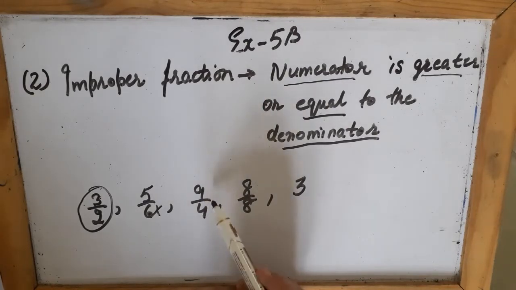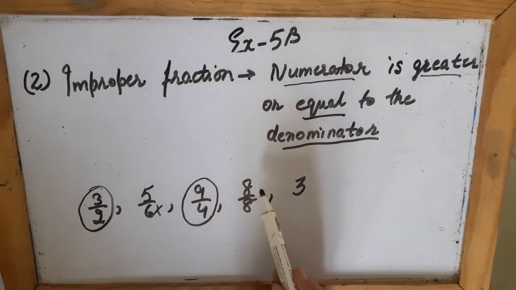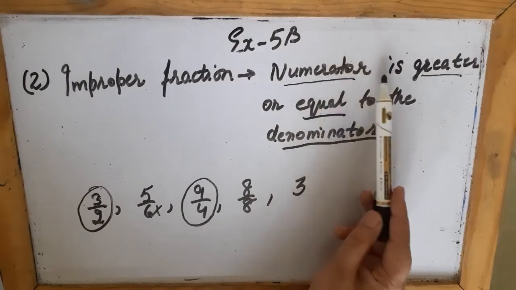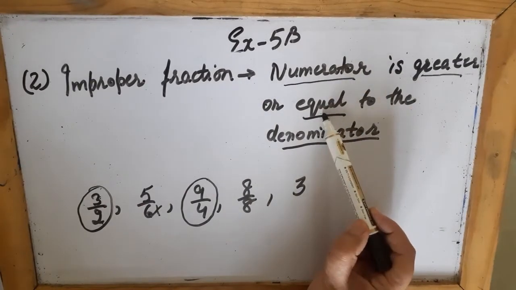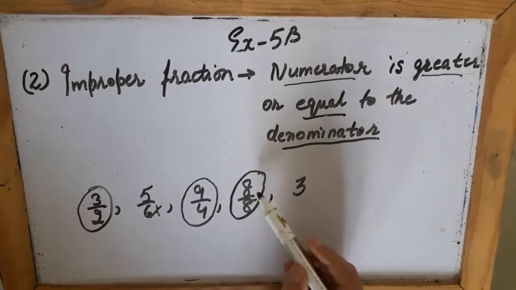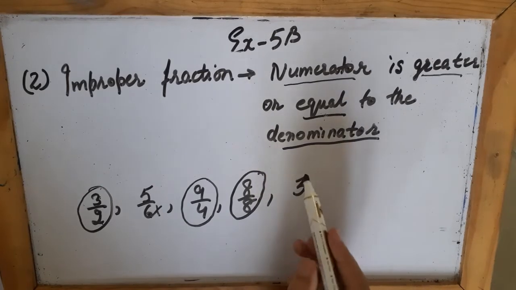And now 9 by 4, in this the numerator is greater than the denominator, so this is an improper fraction. 8 by 8, I told you that where the numerator is greater than or even equal to the denominator, that also is an improper fraction. Because both the numerator and denominator are equal, this is an improper fraction.